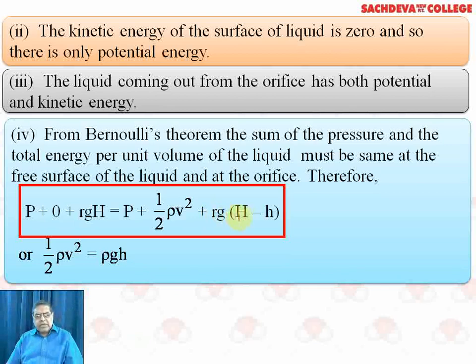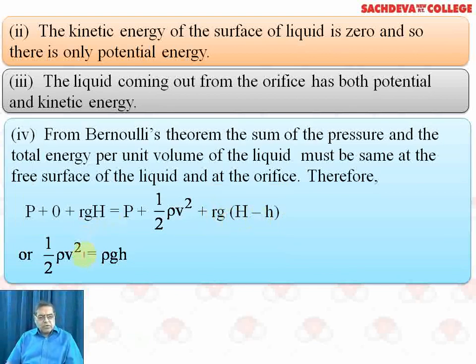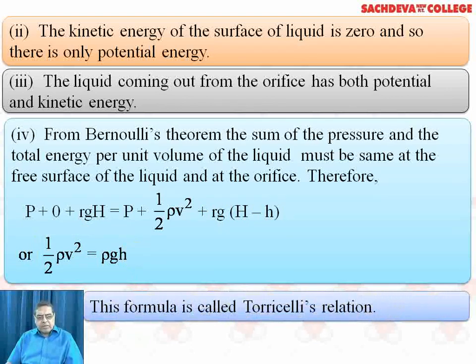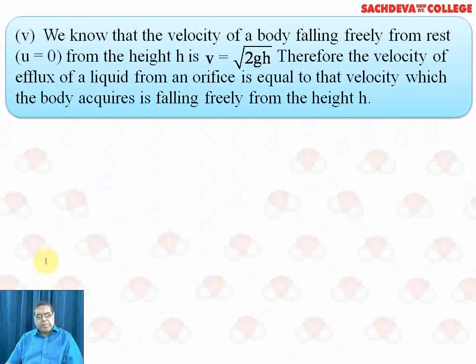So we get the expression ½ρv² = ρgh. The formula is called the Torricelli relation. The above formula was derived by Torricelli, and hence the relation is known as the Torricelli relation.